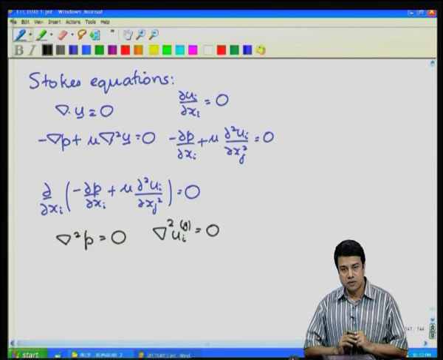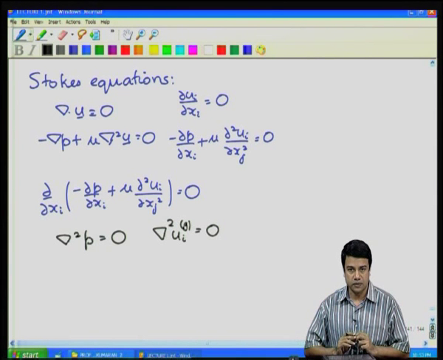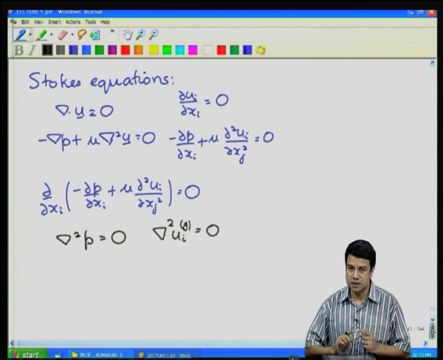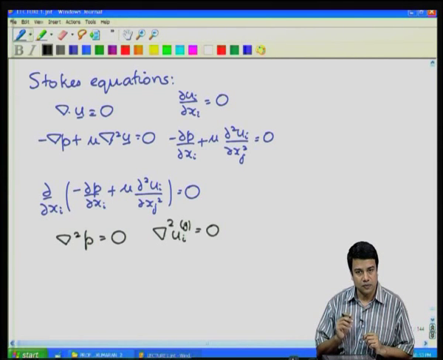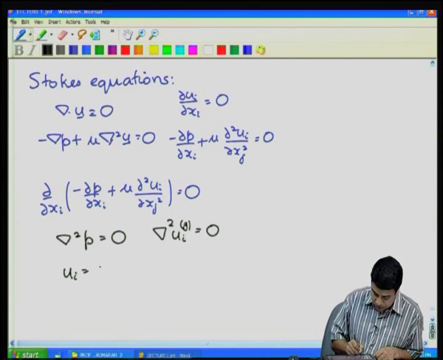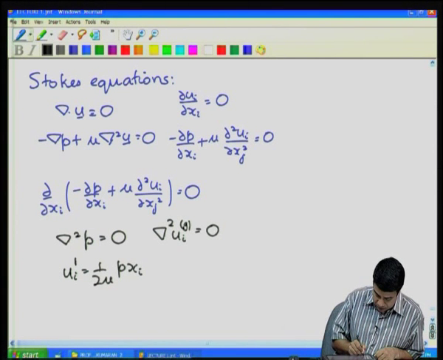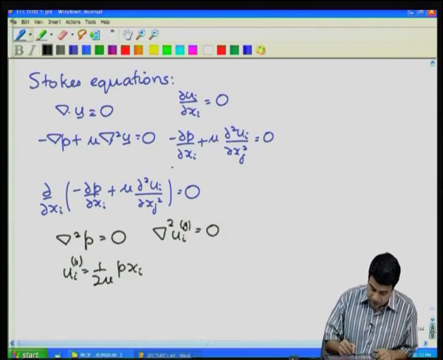The particular solution is any one solution that satisfies the inhomogeneous equation. Note, all the constants of integration are contained in the general solution. The particular solution is any one solution which does not have to contain any constants of integration. And we saw in the last lecture that one particular solution that one can get is ui equal to 1 by 2 mu times p times xi. Okay. This is one solution which satisfies the inhomogeneous equation.